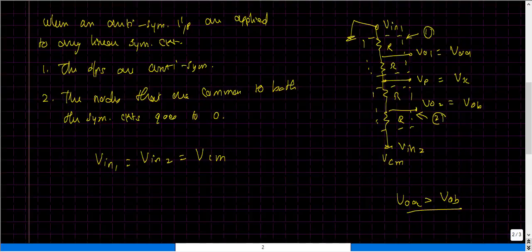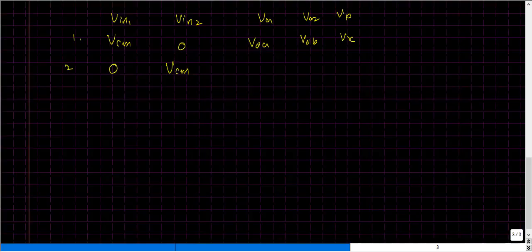Under such a condition, I would have VO2 equal to VOA, and the node VP, which is exactly at the midpoint, will retain the same value, whereas VO1 will change to VOB. Rewriting those results back into my table would give an entry something like this.